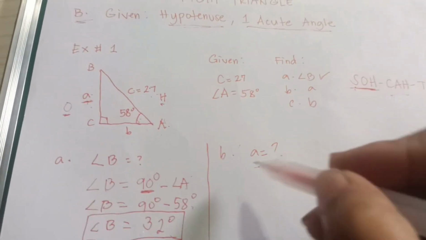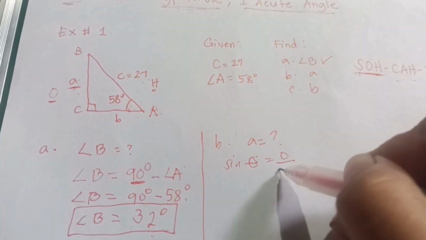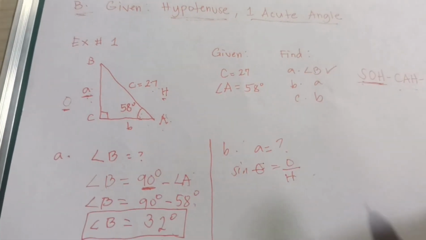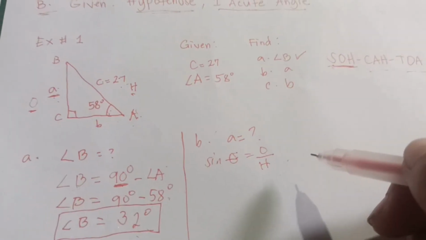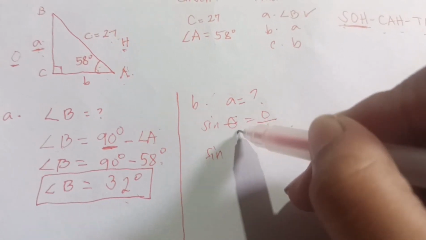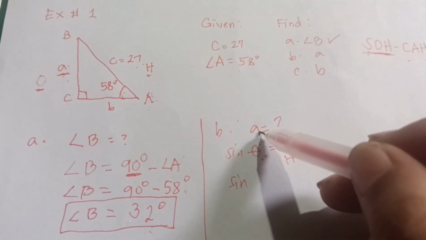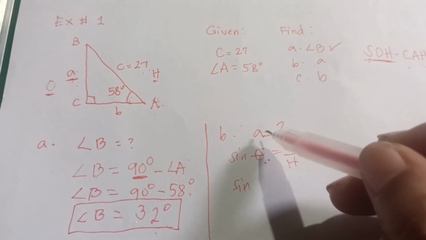SOH stands for sine theta is equal to opposite over hypotenuse. And first, we're going to substitute the letters. What is our theta here? Theta is an angle, and it is not this letter, this is a small letter, that is a side.